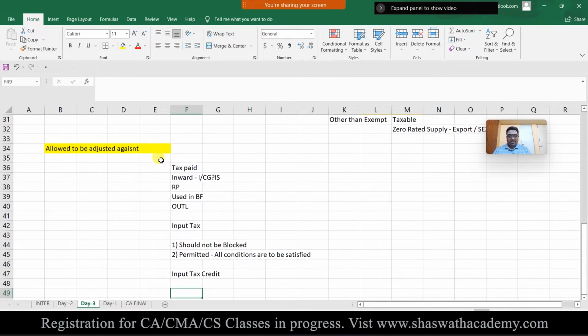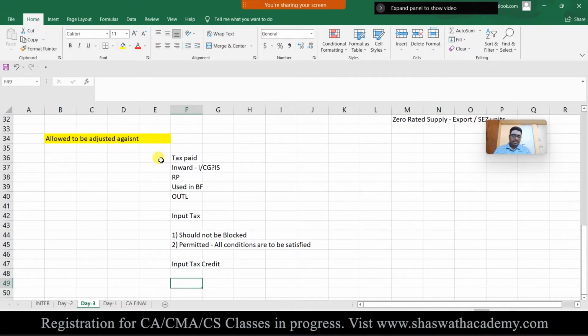And even after that, sir, shall I straight away use the input tax credit to the greatest extent possible? No, now the asset has come. This input tax credit means creation of an asset. This creation of an asset should not suffer any restrictions. So, there might be some restrictions placed. What are all the restrictions?